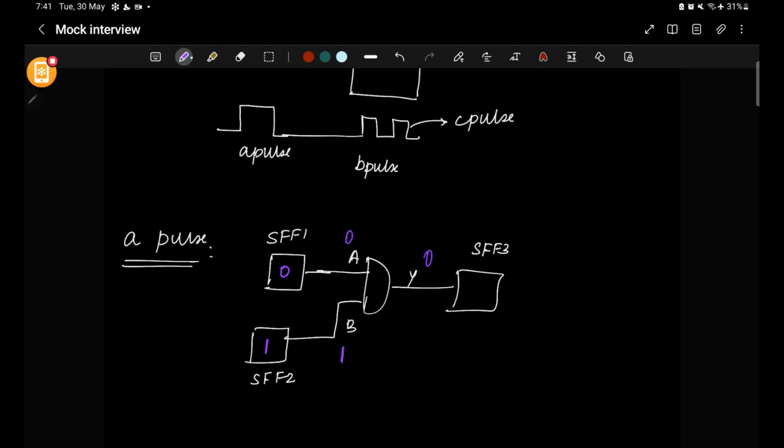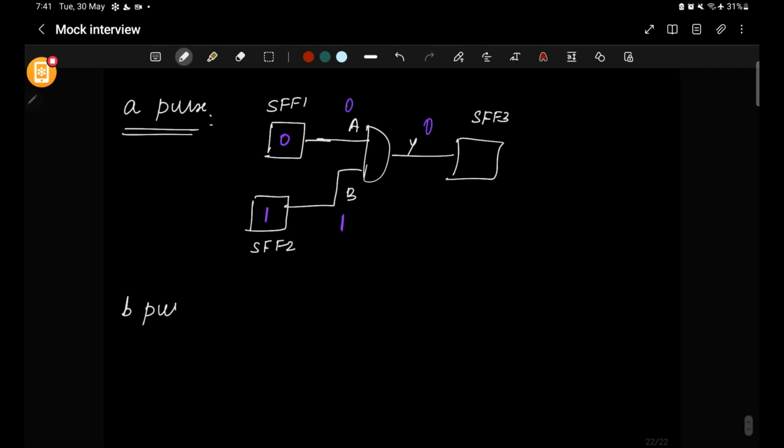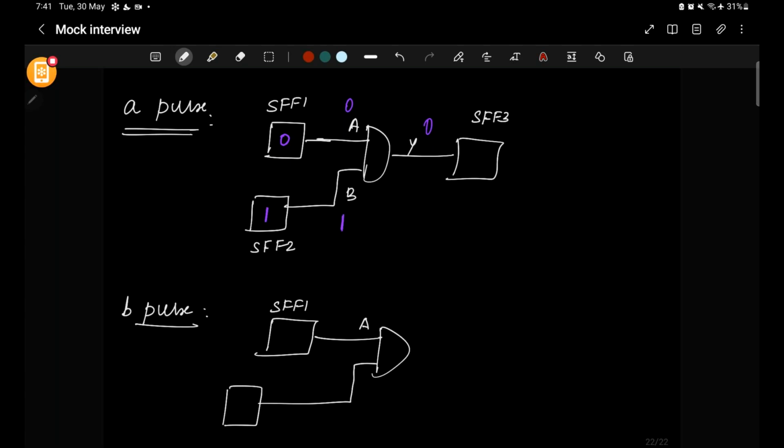Next, during B pulse, what will happen? This is scan flop 1, and this is scan flop 2. This is B, and this is scan flop 3.